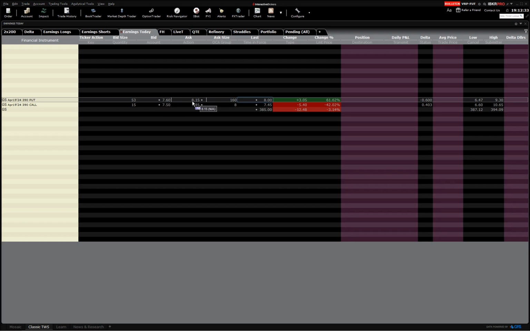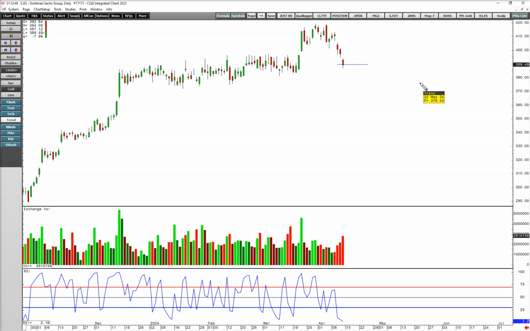So going mid-market here, we're talking about 755 plus 8 divided by 2, 777.5. Let's just call that 778. So that's how you calculate the at the money straddle. So 778 minus 389.49, we're talking about 381.71.